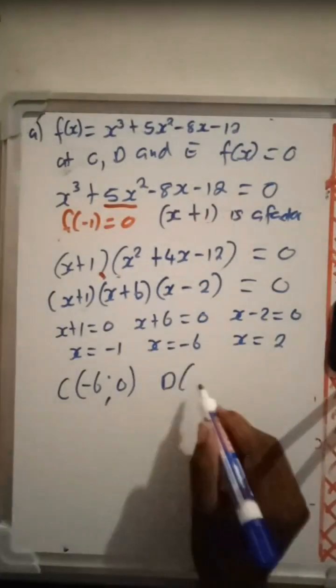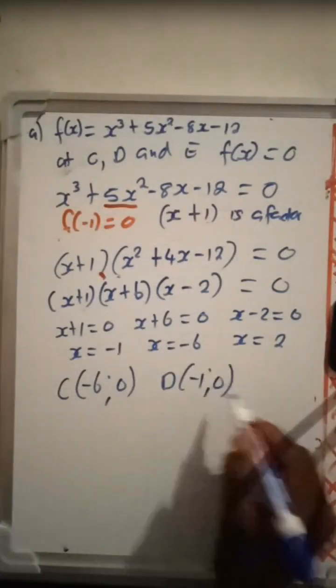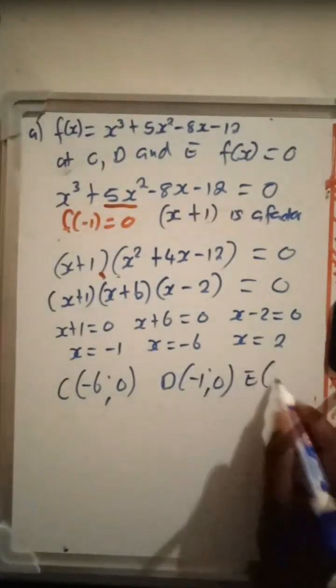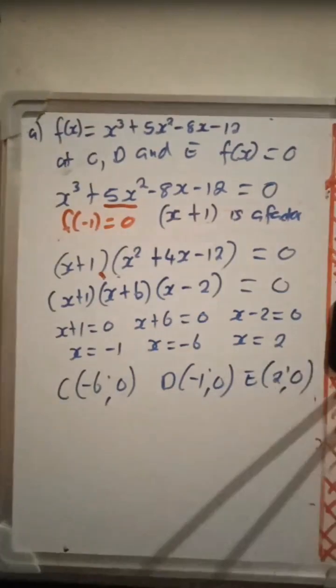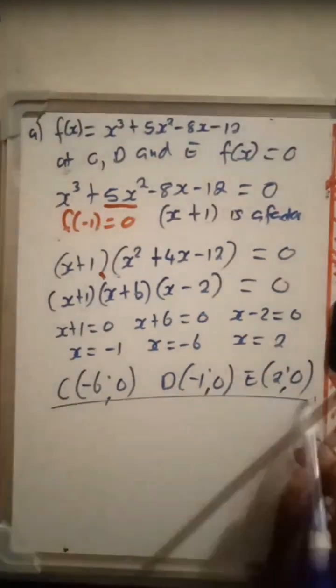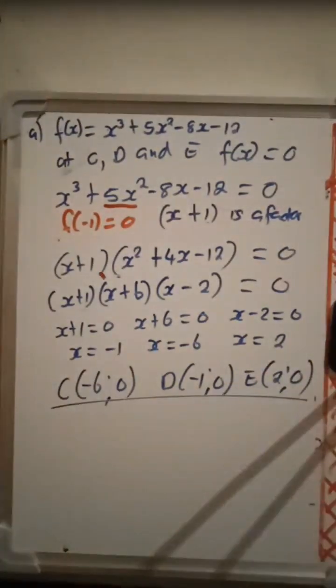D is negative 1, 0. And E is 2, 0. So we are done with that. We have used the knowledge of cubic polynomials in order to get C, D, and E.